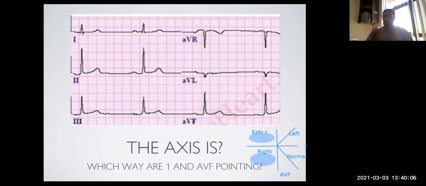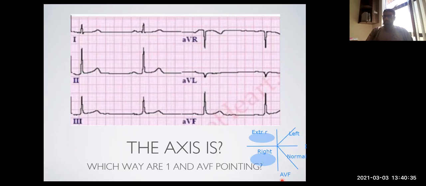Lead AVF is also moving in a positive direction, so electricity must be moving towards AVF. That means it can only be moving in this direction or in that direction. Lead AVF can never be up here because we've already discounted the left-hand side. So what's the only one we are left with? Normal. That's another way that we can work it out.